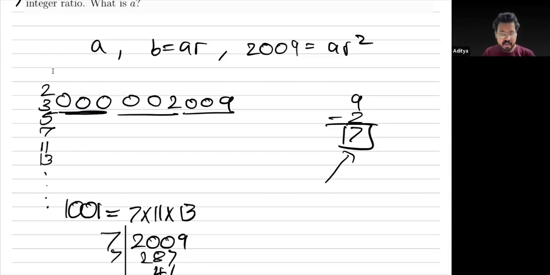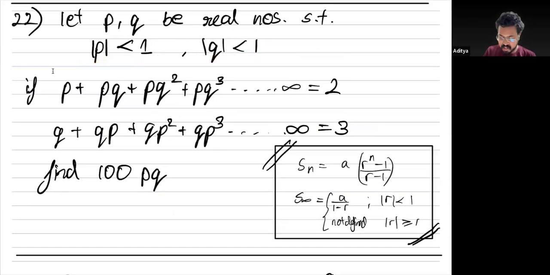So these are both sums of GPs, with first term P and common ratio Q. Using this information, I can write the sum of those GPs in terms of its reduced form, like A upon 1 minus R.